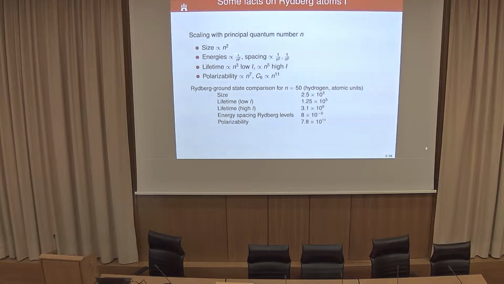As for lifetime, the ground state is stable, and if you go to excitation, typically you get nanosecond lifetime. Let's not look at metastable states selected for living longer, but typical states, with nanosecond lifetime. If you go up to n equal to 100, lifetime is in the 10 to 100 microseconds. And if you take large L, they are in the milliseconds. This is more than enough to do all your experiments.